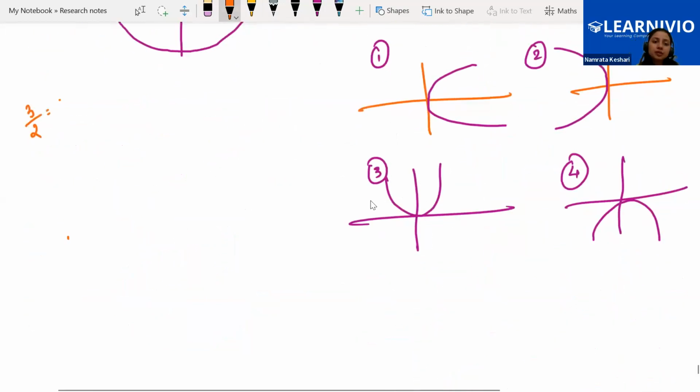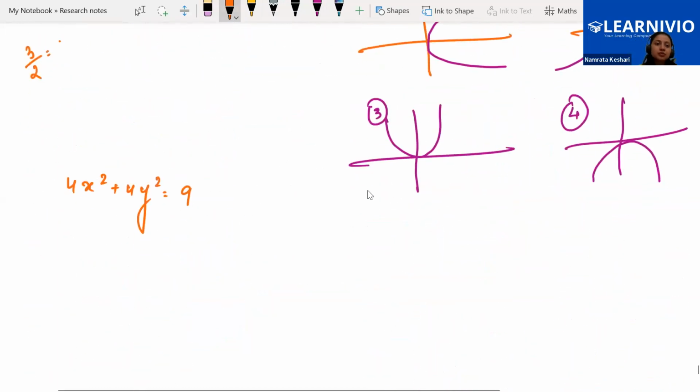Will you be able to do that, Murtaza? 4x square plus 4y square is equal to 9, and the other equation is x square is equal to 4y. At first we have drawn a rough sketch. Now we will try finding the point of intersection of these two figures. Please find it by solving these two equations. Find the x value and y value.